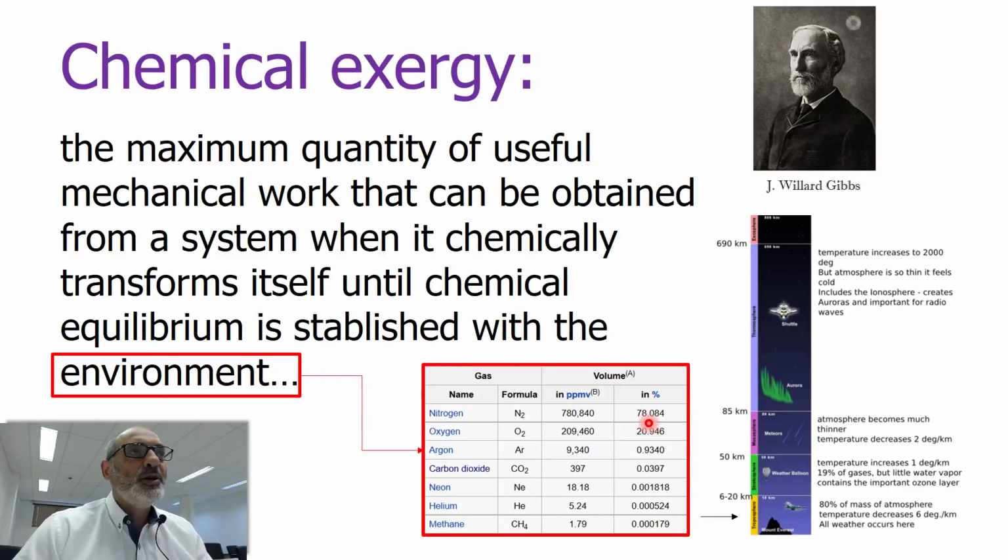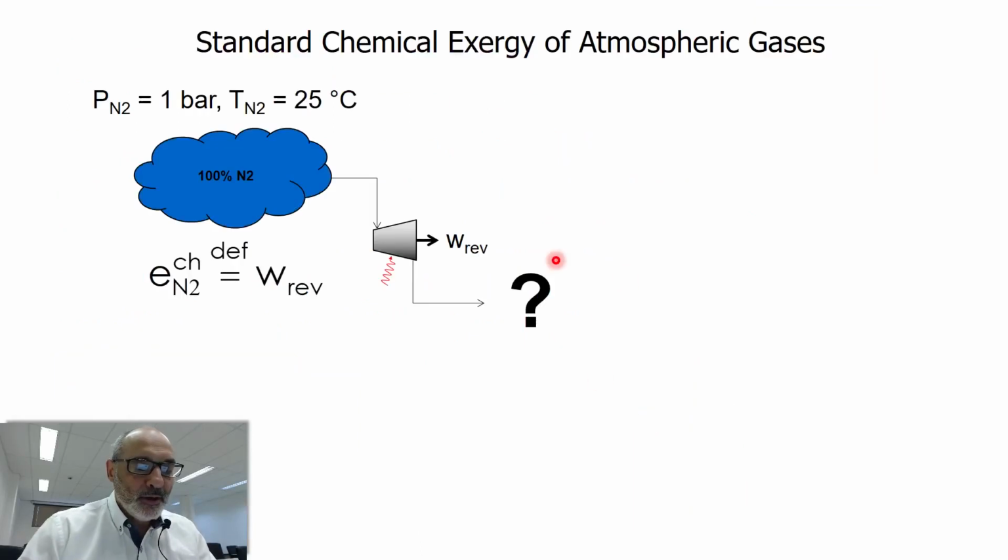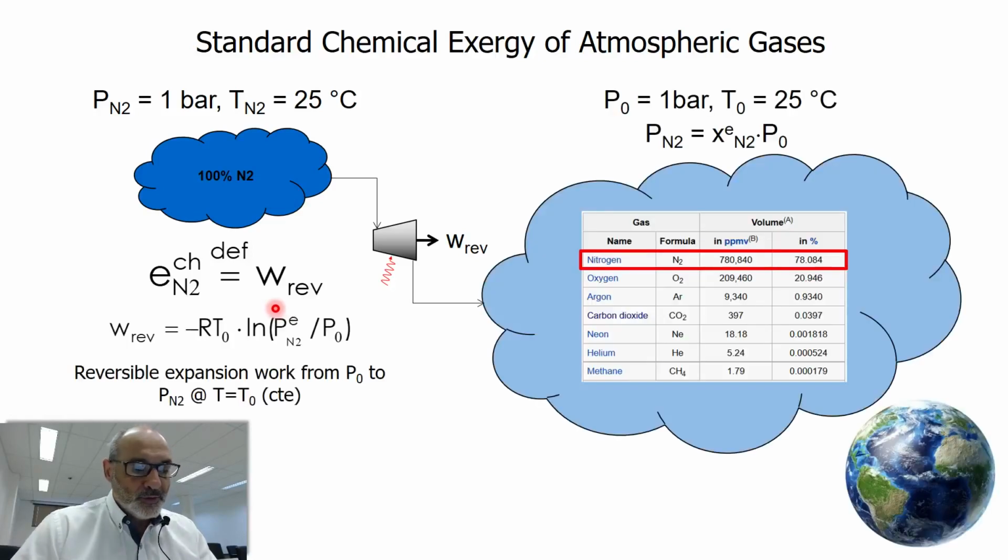This means that its partial pressure is 78% of 1 bar, which is the environmental pressure. Okay, so I have a lower nitrogen pressure here, and this means that I can expand this nitrogen to the atmosphere and obtain work here. So the maximum amount of work that I could obtain in this process is going to be our chemical exergy.